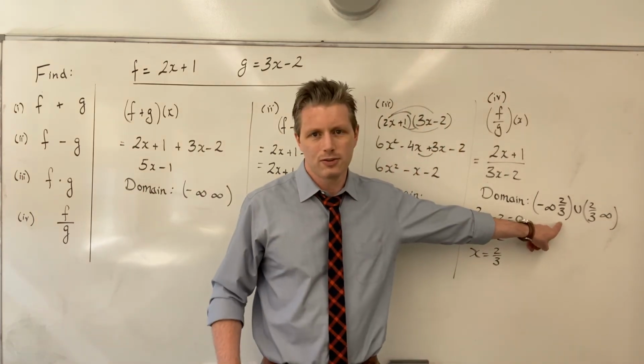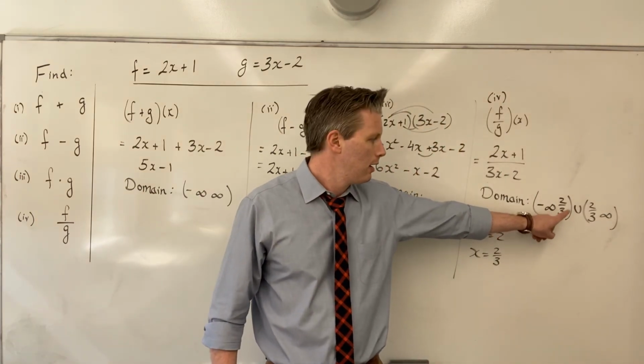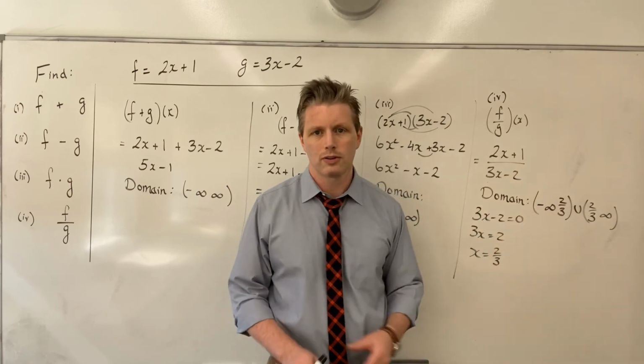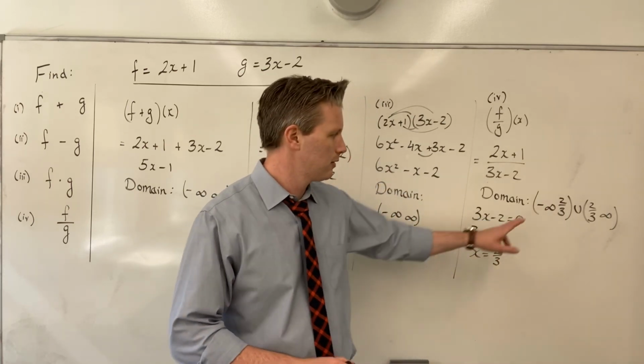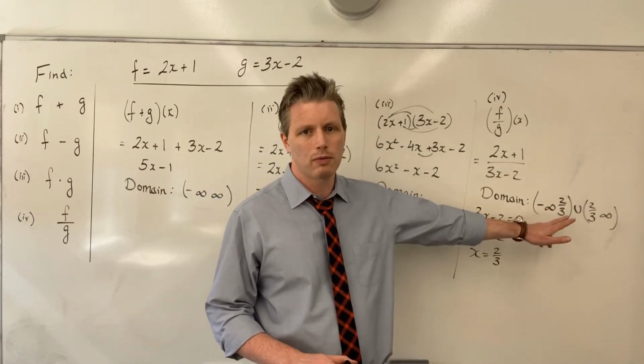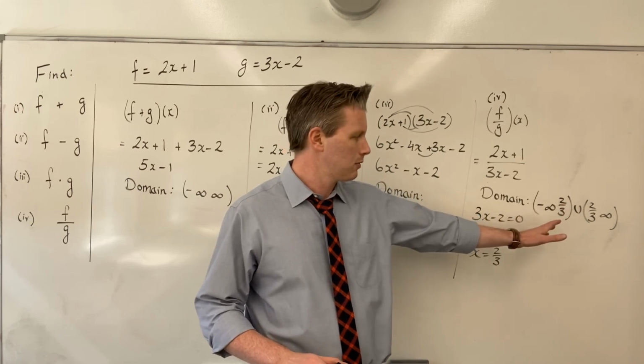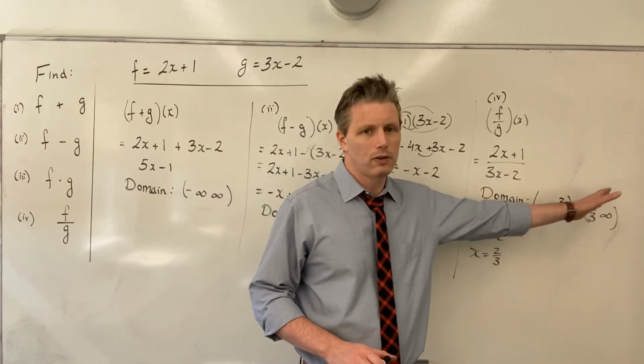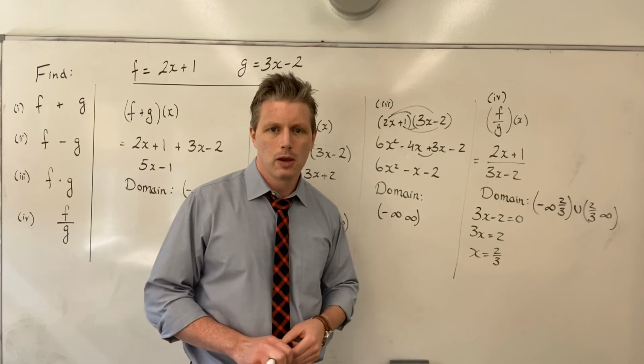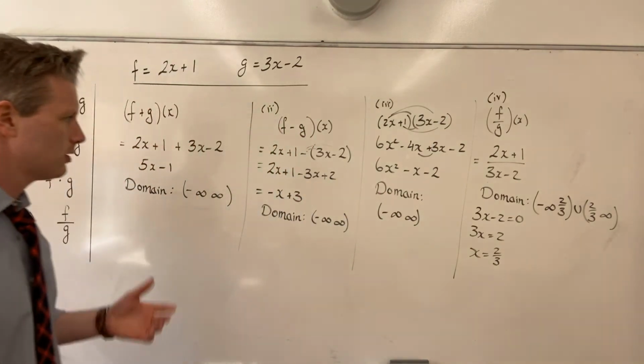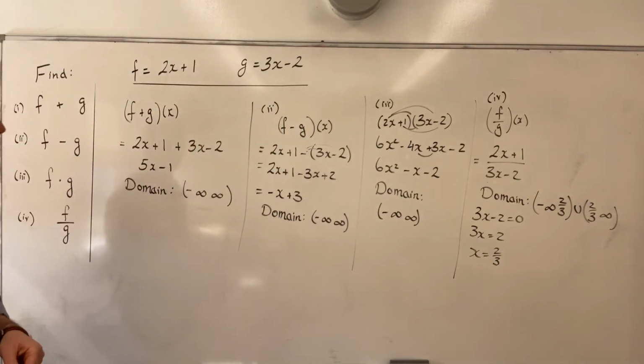This soft parentheses, or soft bracket as I call it, lets me know that 2 over 3 is not part of the domain. So the domain goes from negative infinity up to 2/3, not including 2/3, and then from 2/3 to infinity. And that's it. That's our answer. We've combined the two functions in 4 different ways, adding, subtracting, multiplying, and dividing them, and we have found the domain in each case.